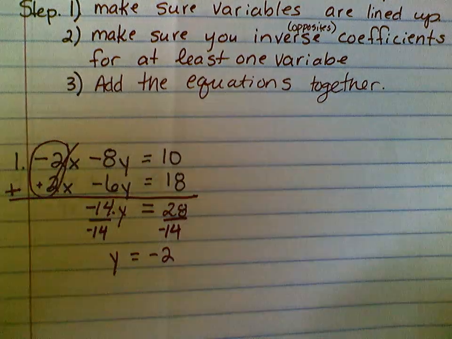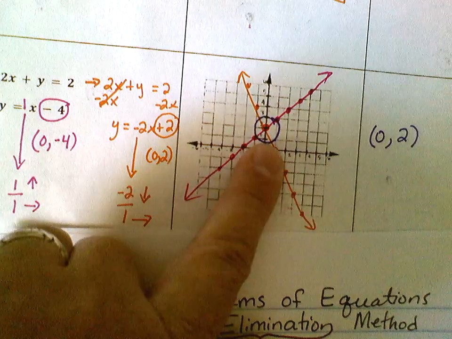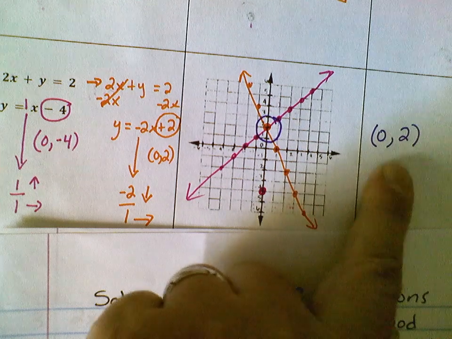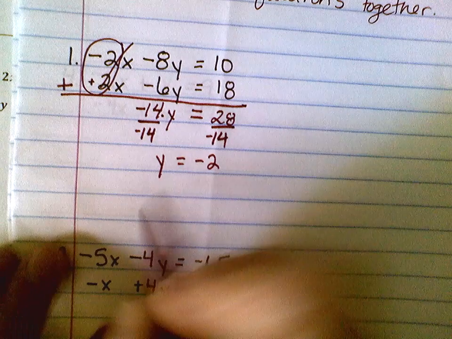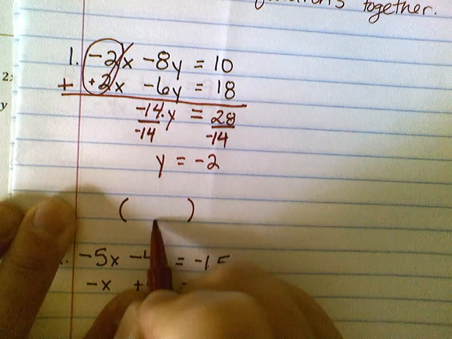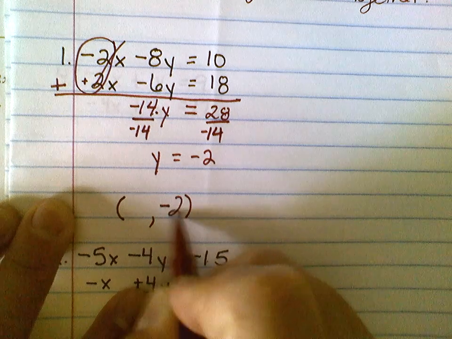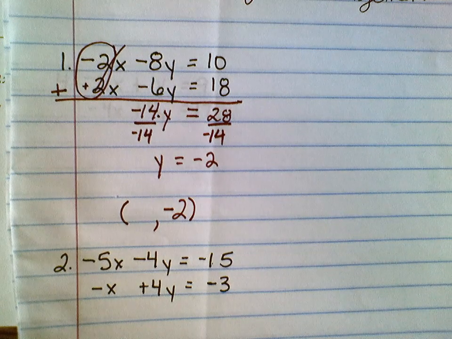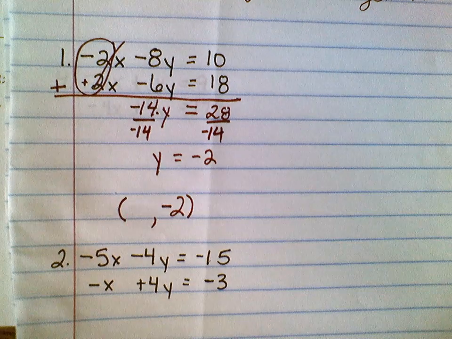Okay, if we remember from our notes from yesterday, we were looking for that point of intersection. So our answer is an ordered pair. It's an x and a y. So when I look at this, I see that I got y equals negative 2. So I have my y value. So I need now to get my x value.